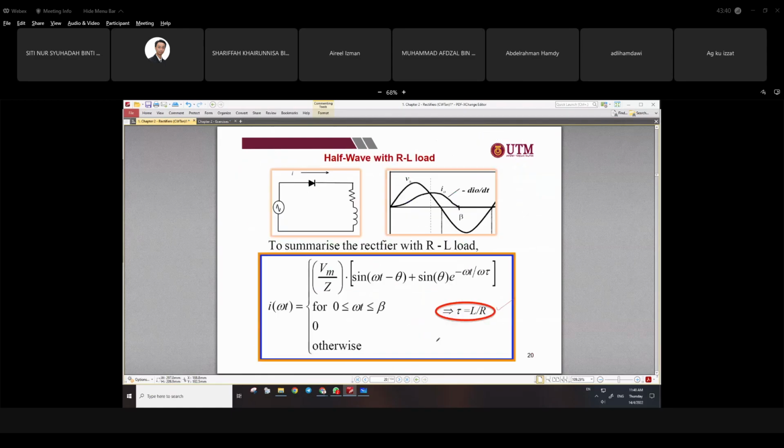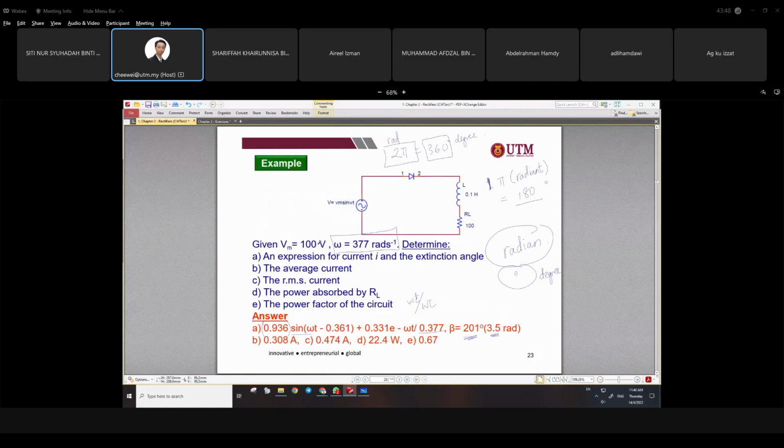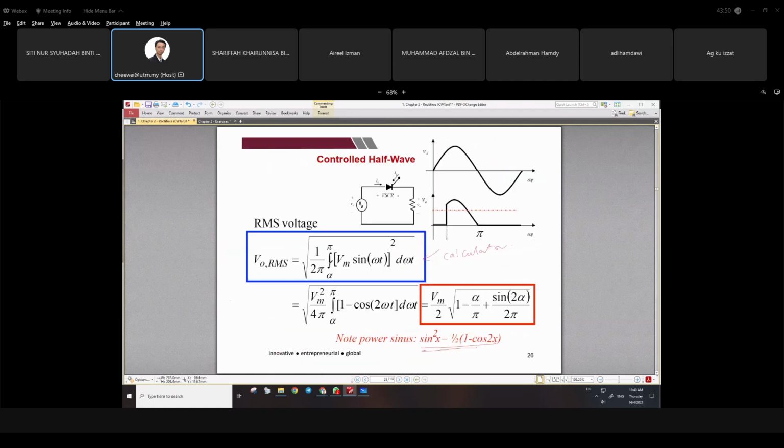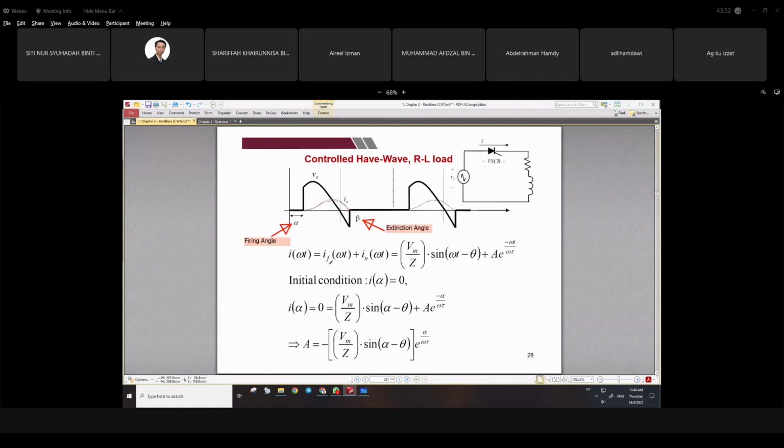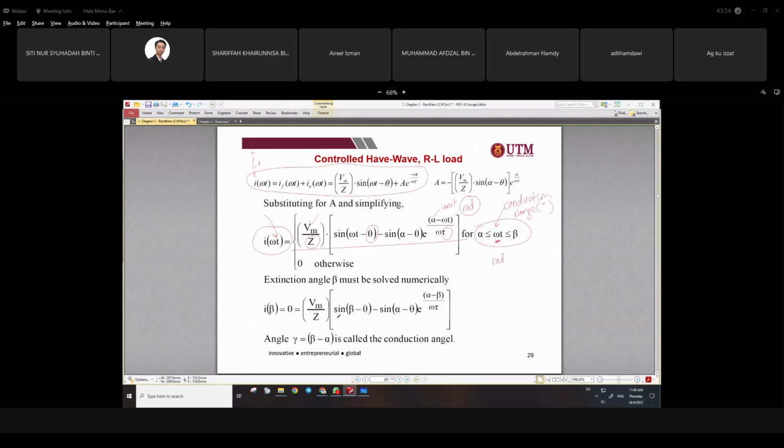Need to go back to the equation. Where is the equation? Here, this is for the uncontrolled rectifier, right? Let's see the controlled one. Yes, this one. This is the equation.